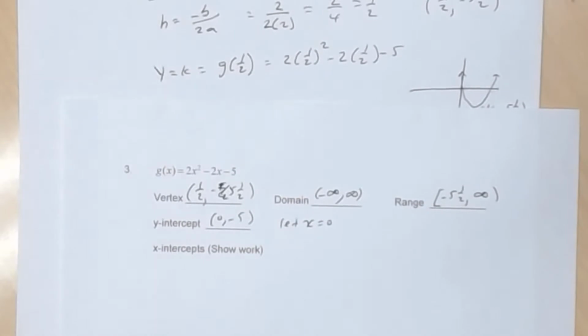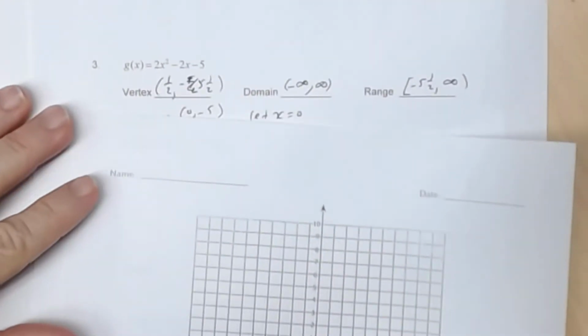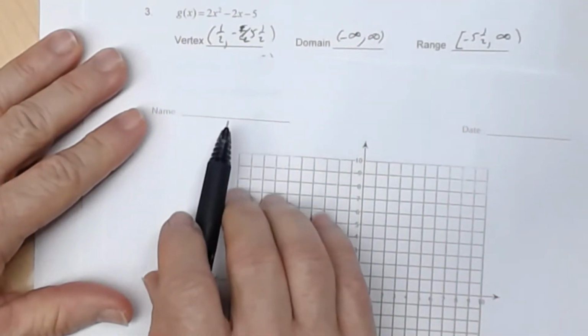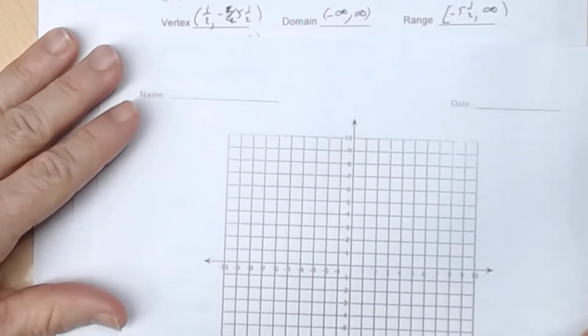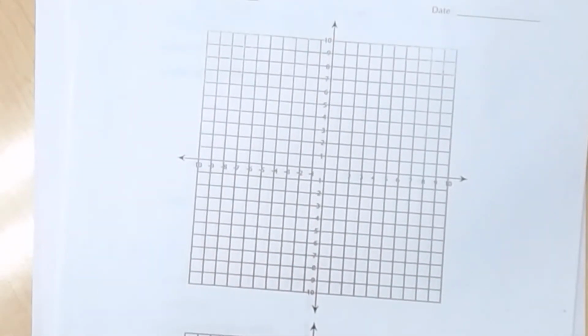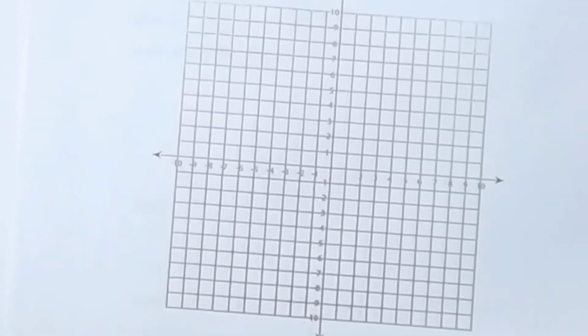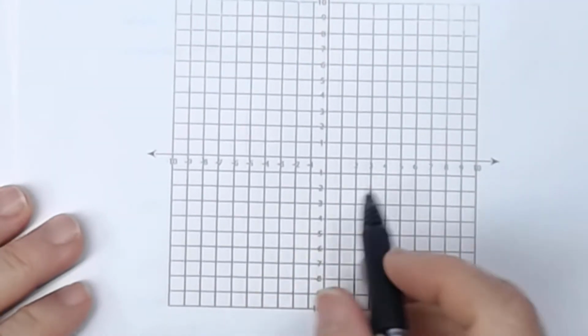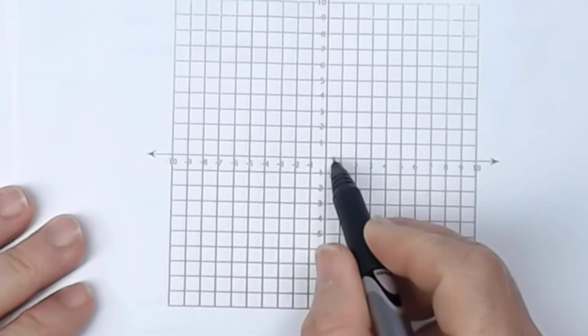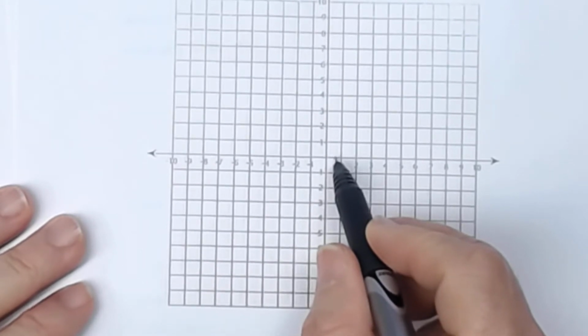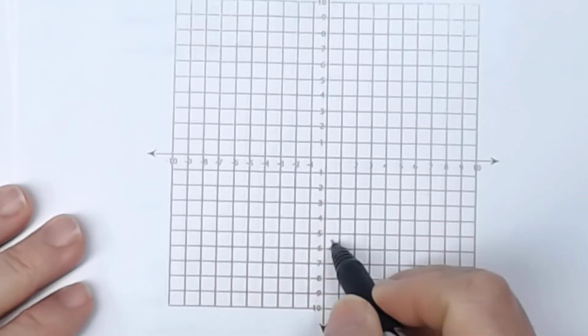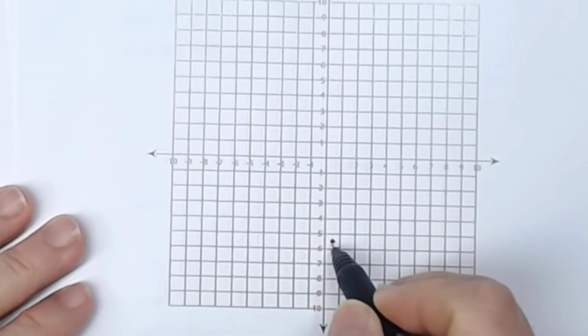So my vertex is 1/2, negative 5.5. Now I'm going to go ahead and expand this so you'll see it a little bit better. So 1/2, negative 5.5 is about here. See what I did? Right here.